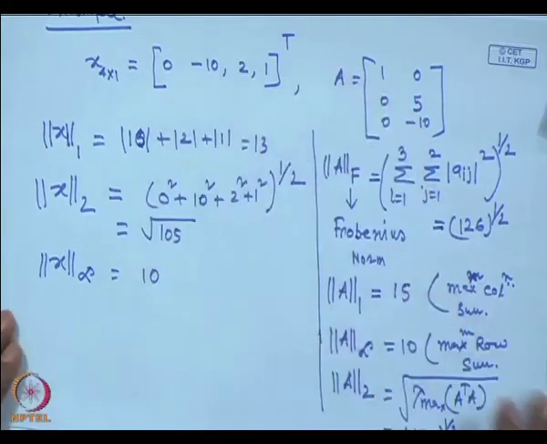So, this is an example of how you find different norms: L1, L2 and L infinity norms. And in the case of a matrix, the Frobenius norm is the same as the L2 norm of a vector.